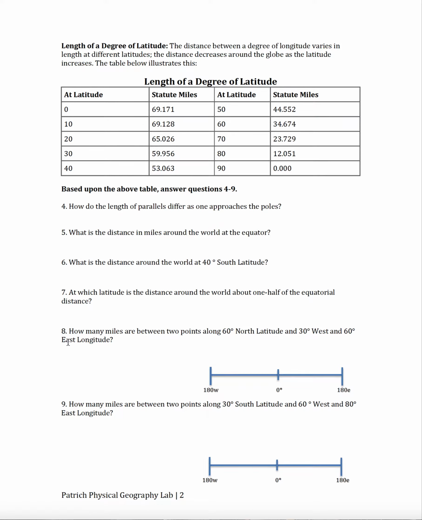Moving on to question 8, this gets a little more complicated. It says, how many miles are between 2 points along 60 degrees north latitude and 30 degrees west and 60 degrees east longitude? Well, what does that really mean? It sounds very confusing. Well, there are technically 2 locations here.